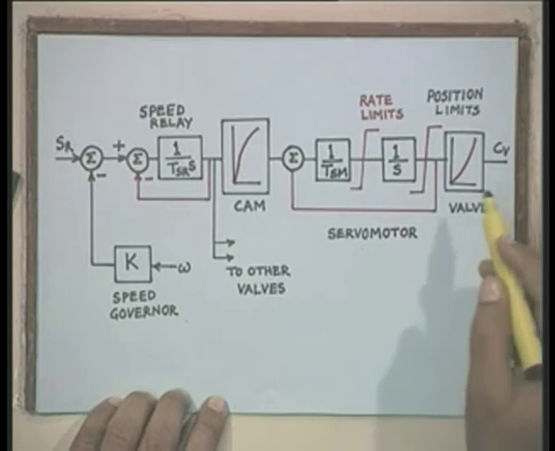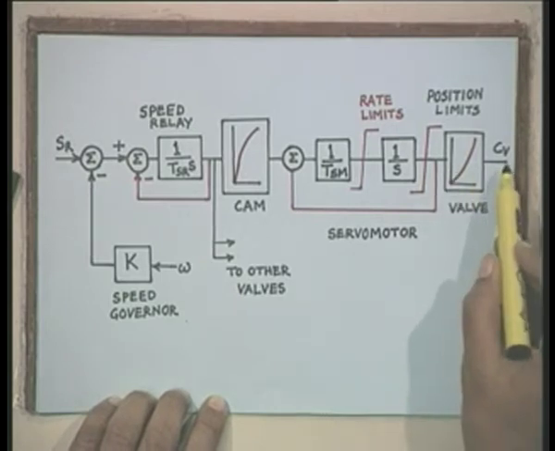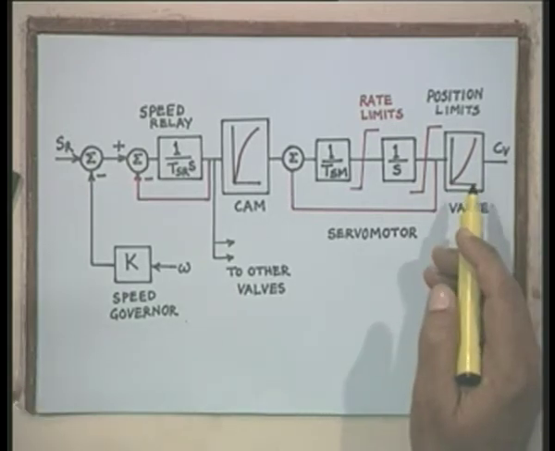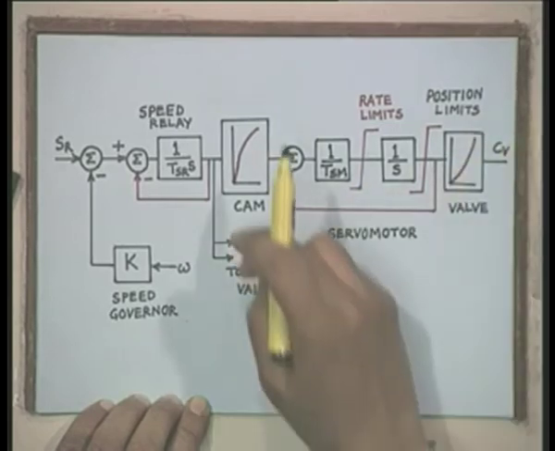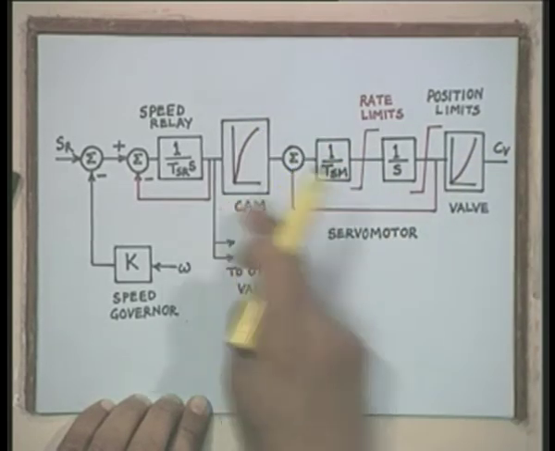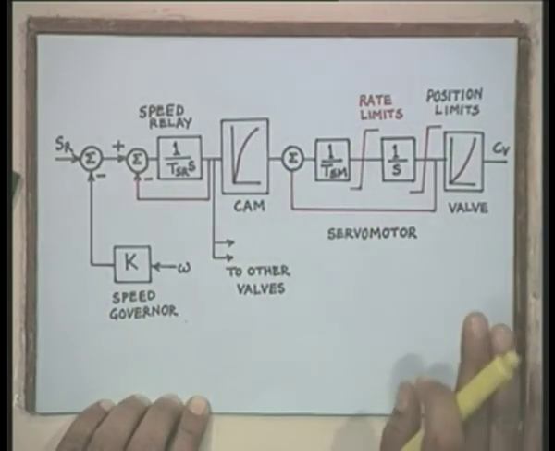Then here you will find there is the control valve movement and the servo motor movement, there is a non-linear relationship, and this is the valve characteristic. Now, in order to linearize this, we put a cam which will have a characteristic opposite to this, so that when these are put together it will be a linear characteristic.